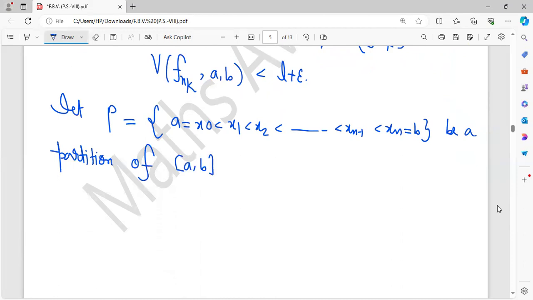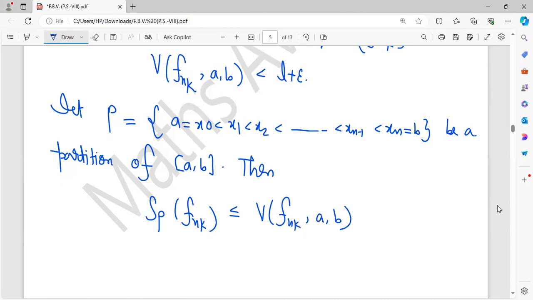Then S(P, F_nk) will be less than or equal to V(F_nk, [a, b]). That is less than L plus epsilon.